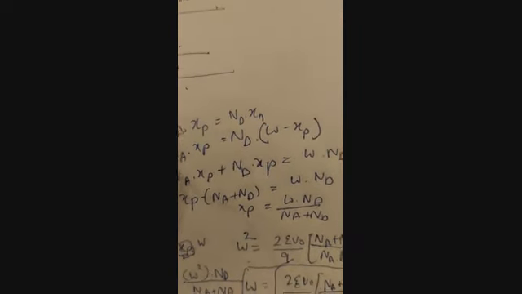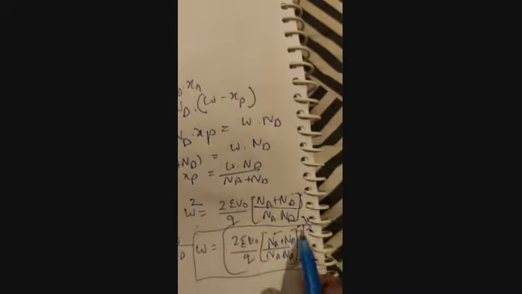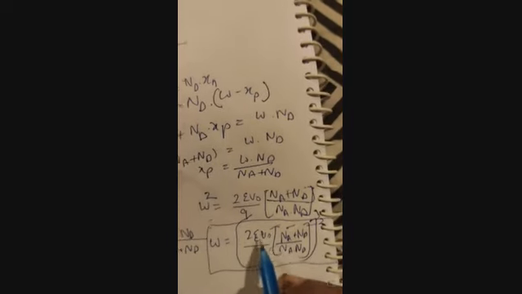So by keeping the value of W, you can see that W is dependent upon Na, Nd, V naught, Q. All the things I have told you are only and only dependent upon the concentration on both sides. And one more thing, it is V naught, and I haven't applied any biasing here; without any biasing I have done all these things.